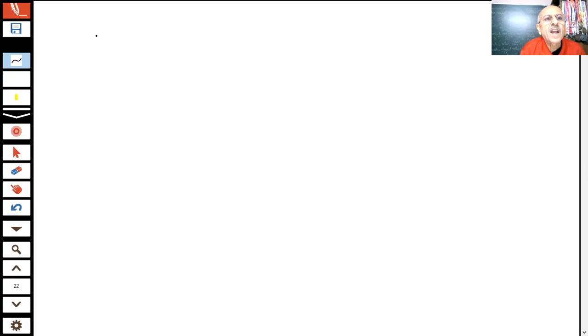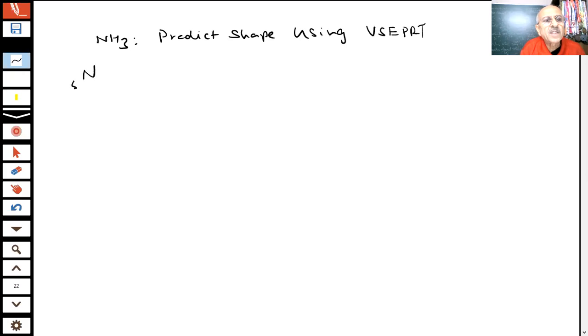Supposing we are saying NH3 molecule. We have to predict the shape of this using valence shell electron pair repulsion theory, VSEPR. Nitrogen atomic number is 5. We are saying 2, 3.